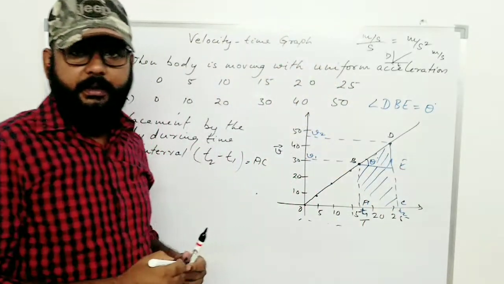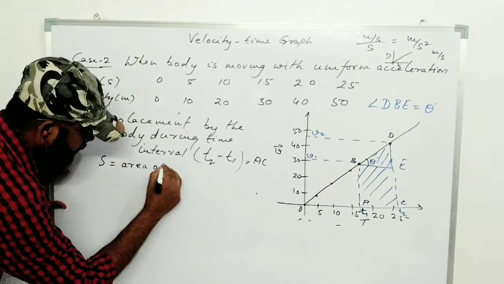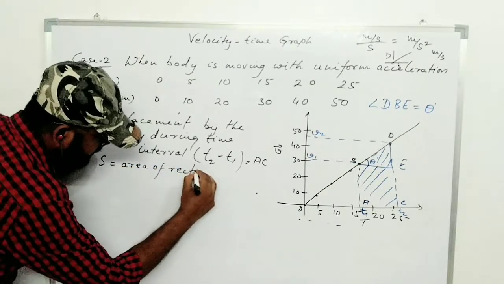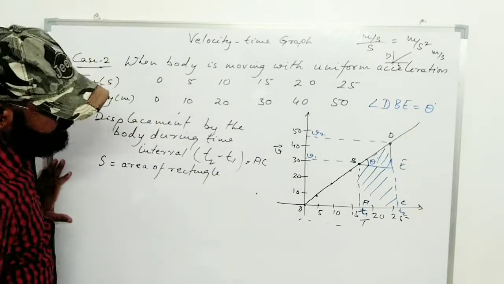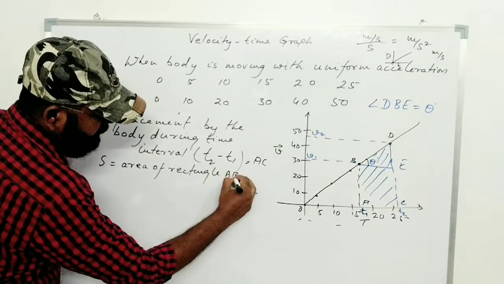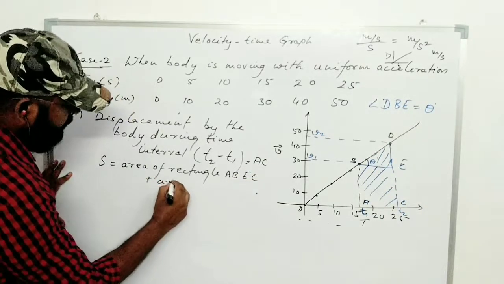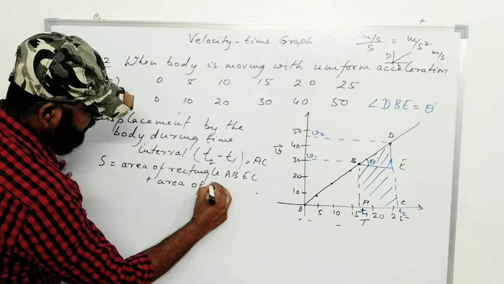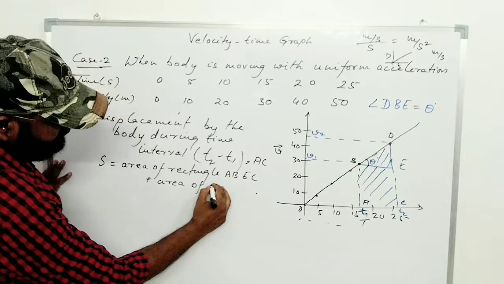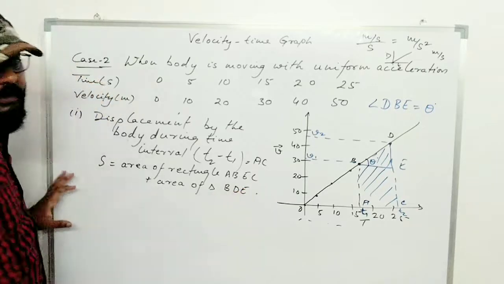Okay, now let's find, and that is equal to the area of the rectangle plus the area of the triangle. Let's find the area of rectangle, and that is ABEC, plus area of triangle, and that is BDE.